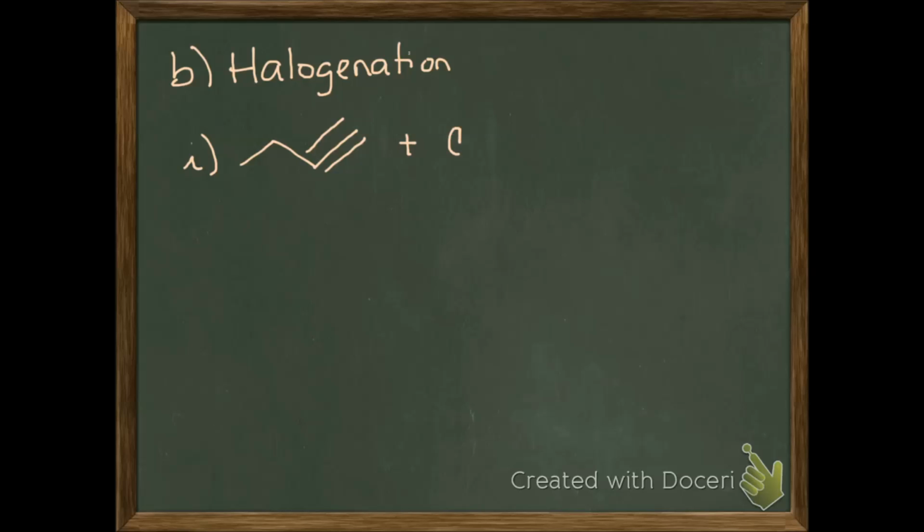Let's use chlorine. And here, as this is symmetrical, one of the multiple bonds will break. It will open. These are supposed to be arrows. 1 chlorine will come here. The other chlorine will come here.